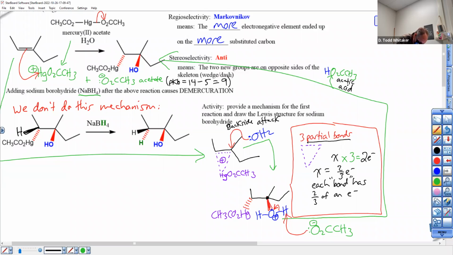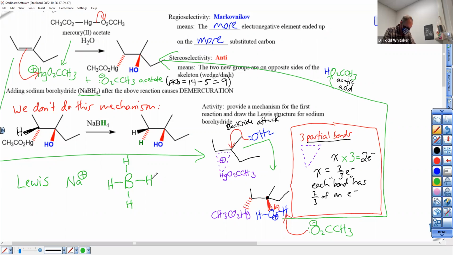Sodium borohydride, Lewis structure. Sodium is a spectator. Borohydride is the active ingredient. And what charge do you get on a boron when it has 4 bonds? It's in group 3. So when it has 3 bonds, it's neutral, or no formal charge.